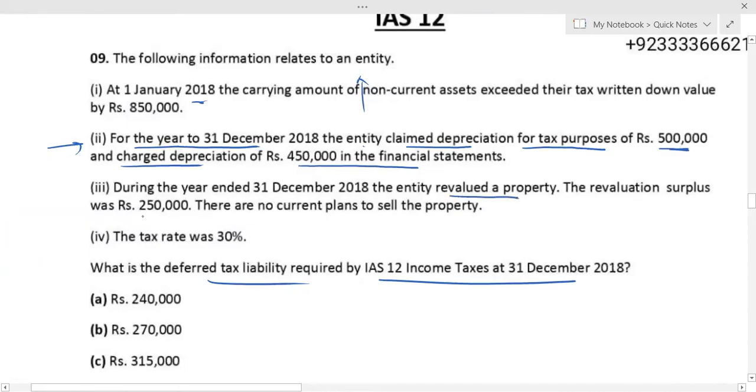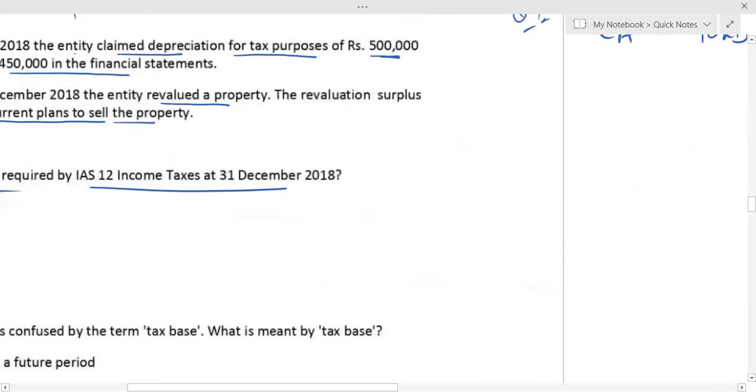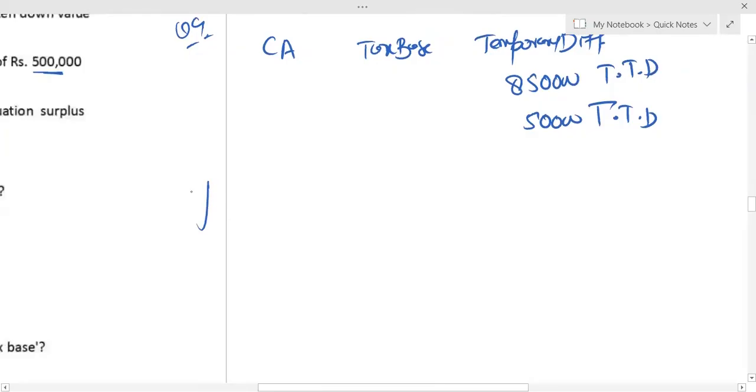The revaluation surplus is 250. There are no current plans to sell the property. Very important point: revaluation always results in a taxable temporary difference. Why? Because taxation authorities do not accept revaluation as your gain. So due to revaluation, there's a taxable temporary difference of 250.